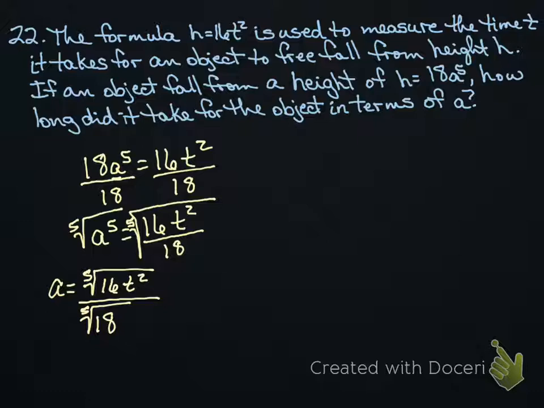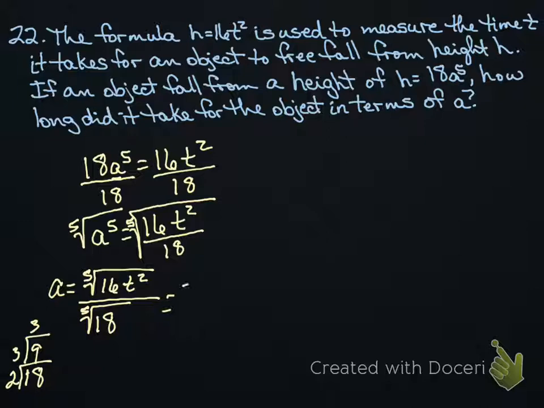Okay, what is 18? Let's just start. We're going to go 18 divided by 2 is 9, divided by 3 is 3. And let's put our 16 in terms of that as well.